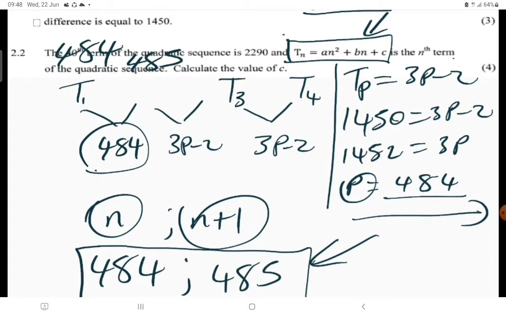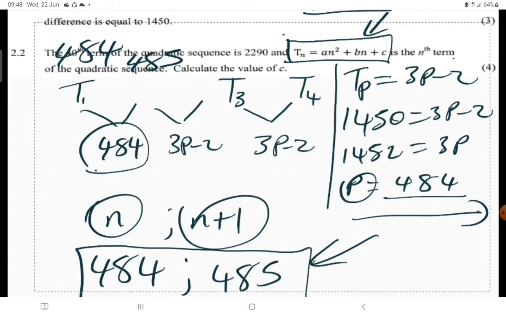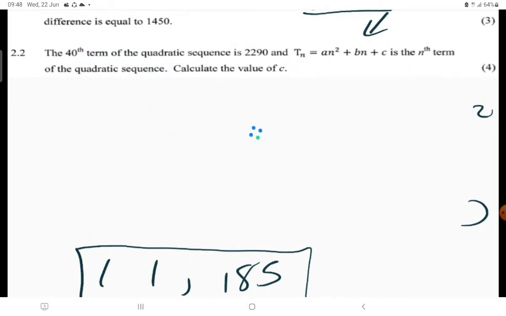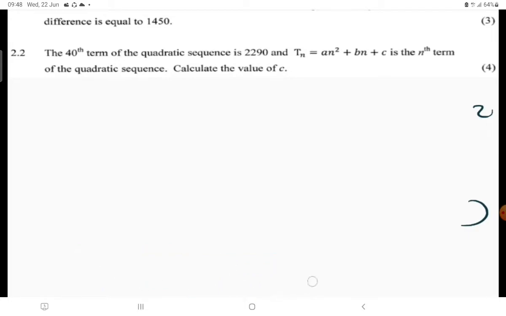Let's just continue with the second question. The second question says, let me just wrap everything so that we clear up the space.